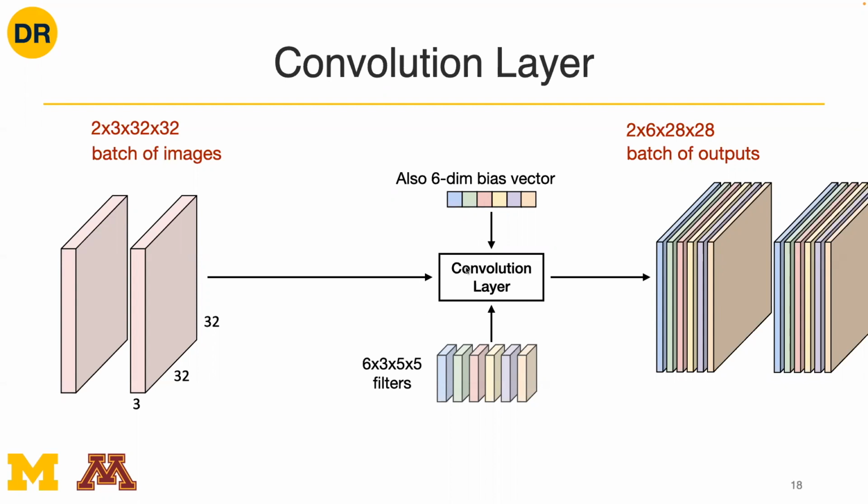Internally within this layer, first we do the sliding window for each of our 6 filters, so we'll get a 6 by 28 by 28 activation map. But when it comes to adding the bias, we only add this single scalar bias term for the blue element to the entire first activation map at every spatial position. Then you would do the same thing for the other 5 dimensions in your bias vector. So we'll still have a 6-channel spatial map as output.